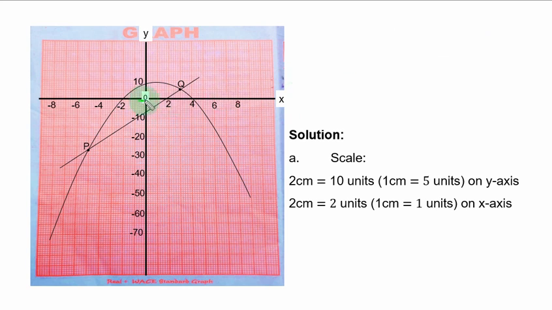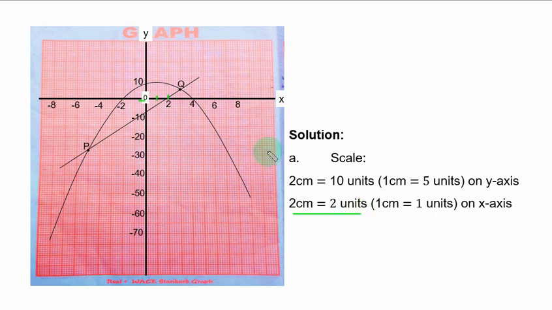From the origin to the end of the first box is 1 centimeter. Then here is 2 centimeters. What it means is that on the x-axis, 2 centimeters is 2 units.